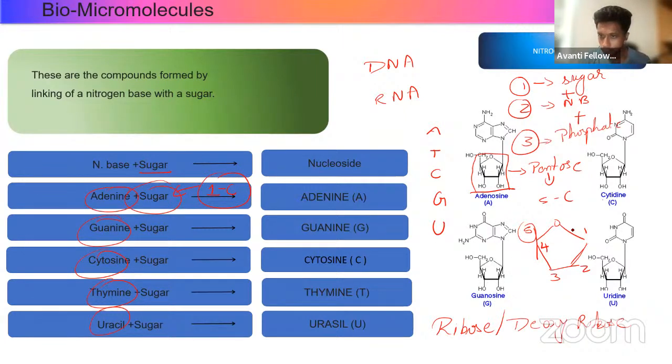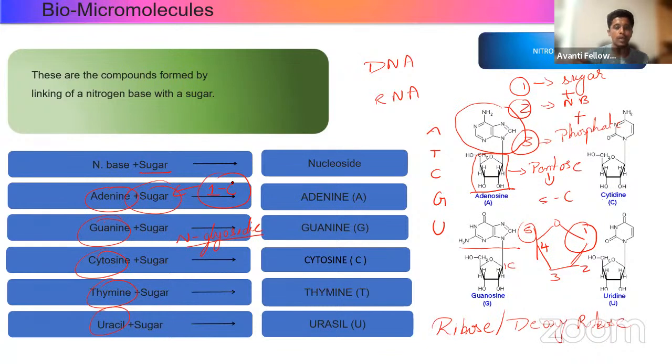Here you can see your nitrogen base is attached to the first carbon atom. When they attach to the first carbon atom, they have a bond. What type of bond is there? The bond is an N-glycosidic linkage. So you have an N-glycosidic linkage between the sugar and the nitrogen base at the first carbon atom to give rise to a nucleoside.